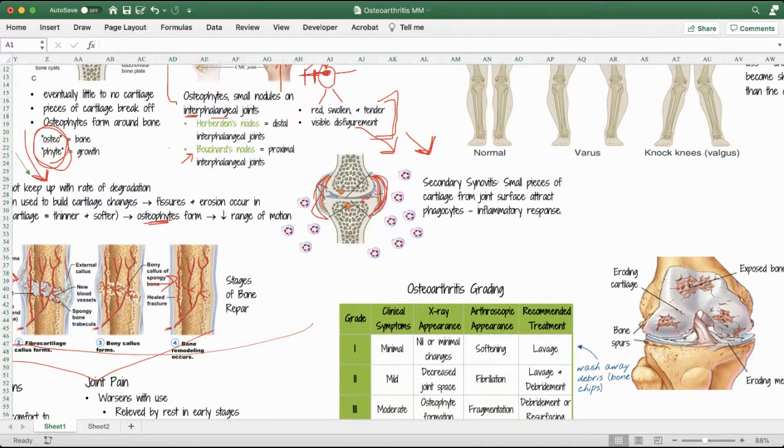But it's because of those little chips. The phagocytes are coming in and engulfing, or trying to fight against, those foreign bodies.